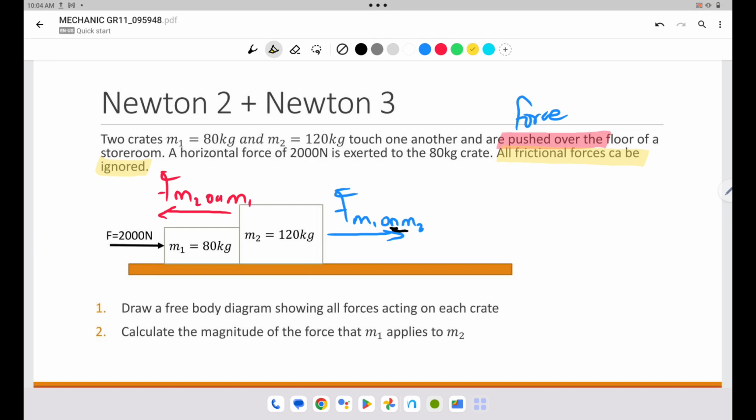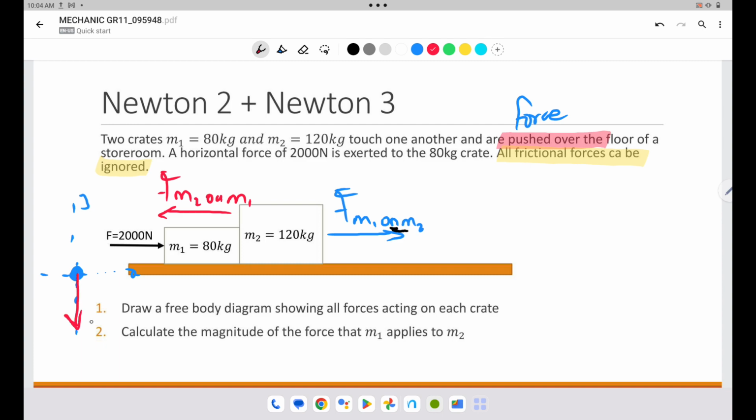I'm going to start with M1. It's on a surface. Parallel to the surface, we have the x-axis. Perpendicular to the surface, we have the y-axis. Where they meet, you place your object. Now we can get started with the forces.